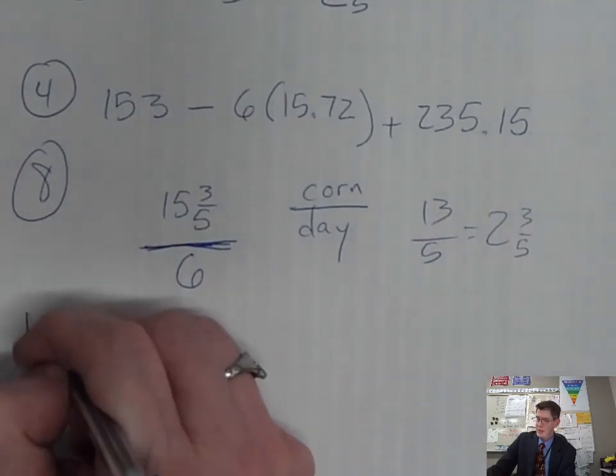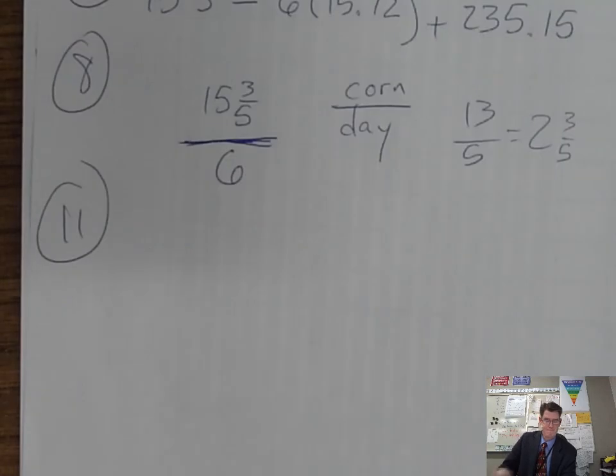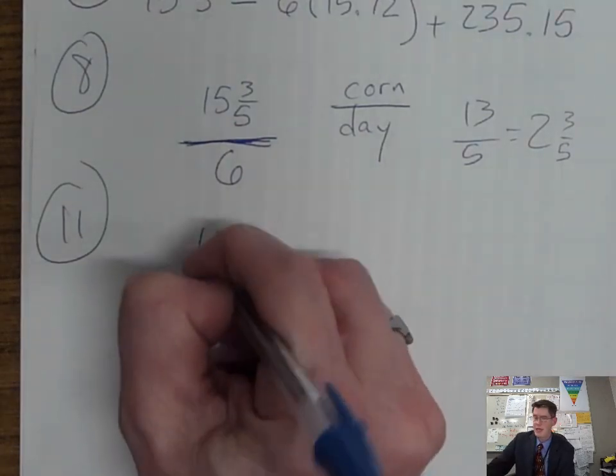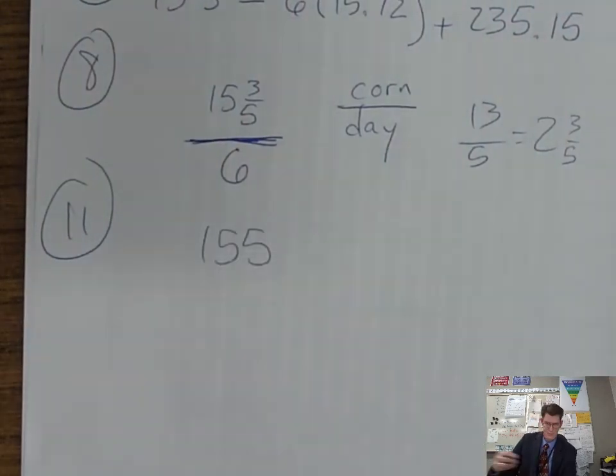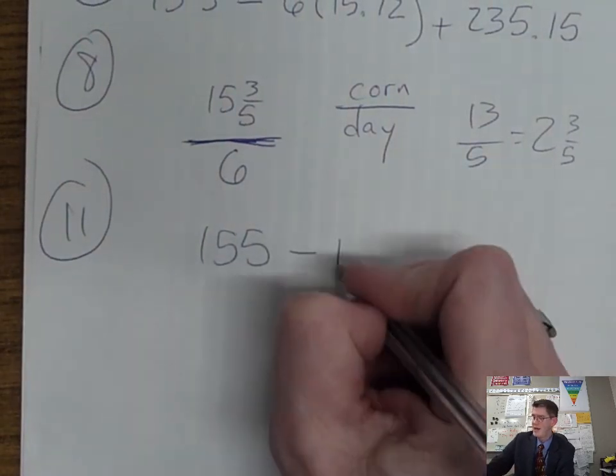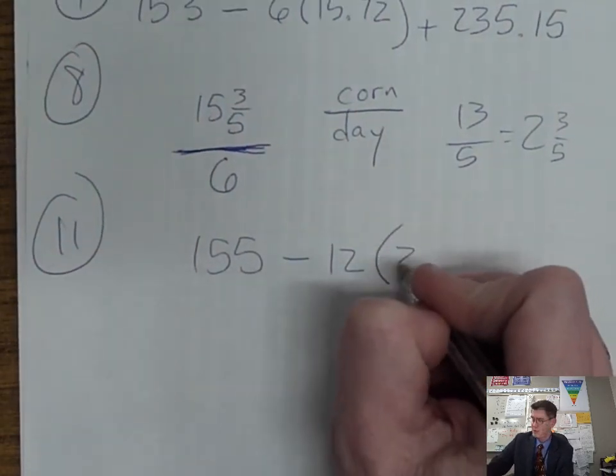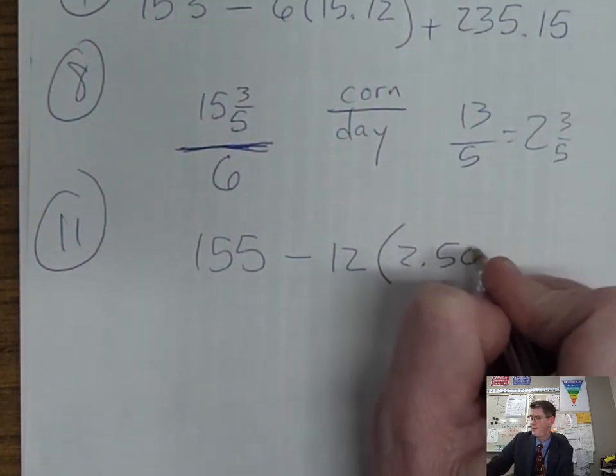Okay, we can take a look at number 11. If you look at 11, Brianna works in customer service, and she knows the amount of her bonus is $155. But $2.50 are taken out each time someone complains, and there are 12 complaints. So she's going to take away 12 times the $2.50.